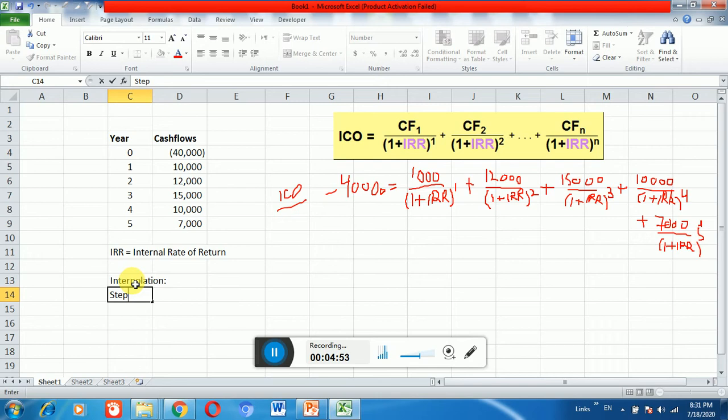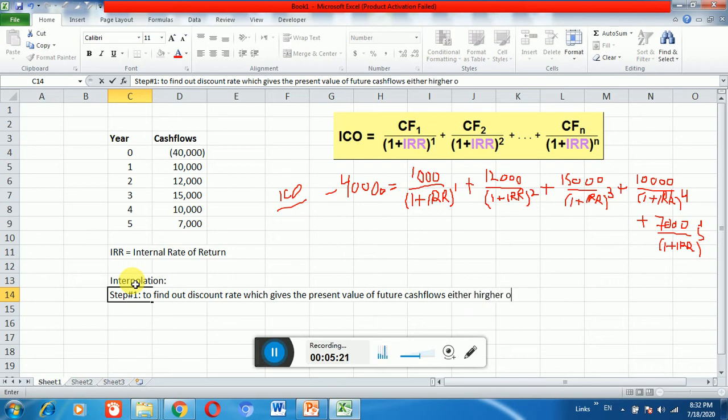The first step, step number 1, we have to find a discount rate which gives the present value of future cash flows either higher or lower.